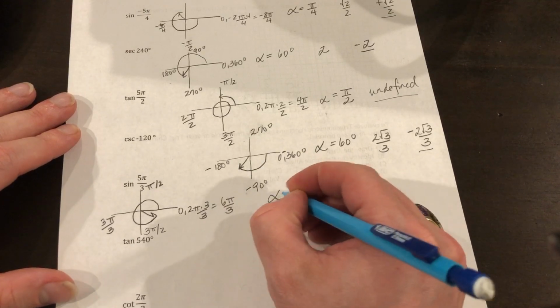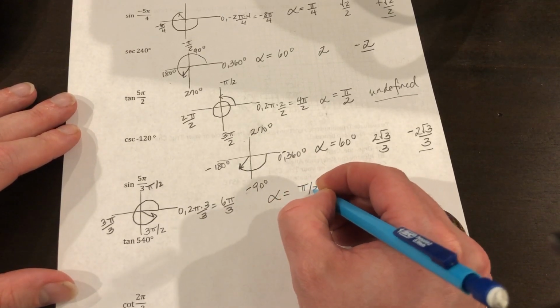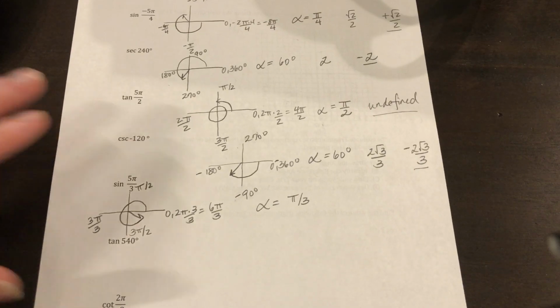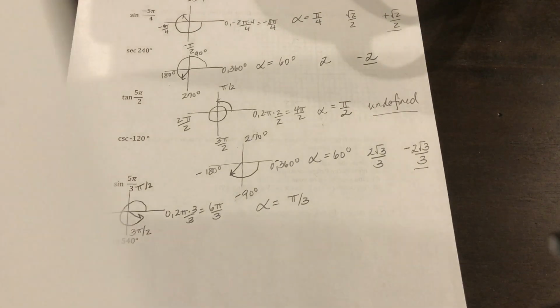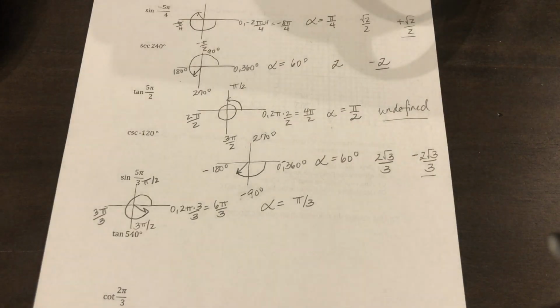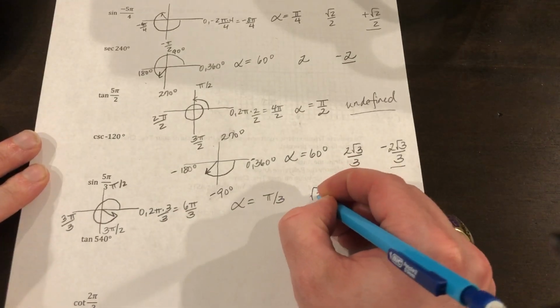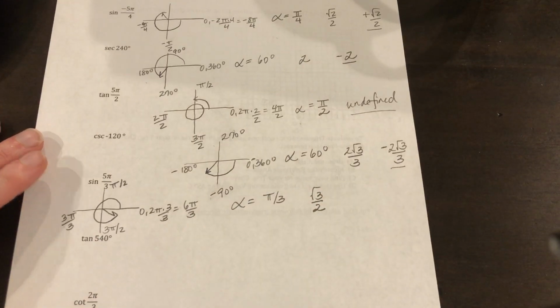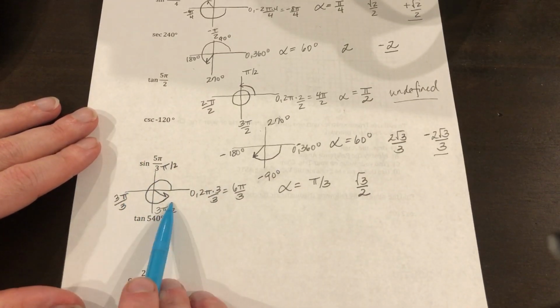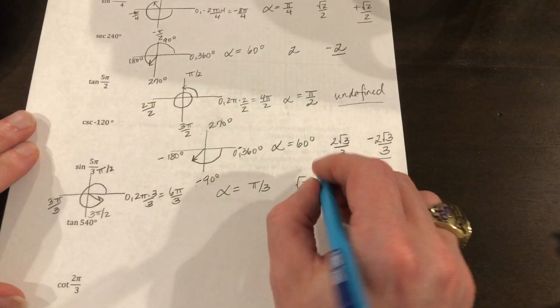Your reference angle when you're in radians is always pi in the fraction. So I'm going to go read from my trig chart. Sine of pi over 3 is going to be square root of 3 over 2. Okay, and I'm landing in quadrant 4, so all strippers take cash. It's not cosine or secant, so it's going to be negative.